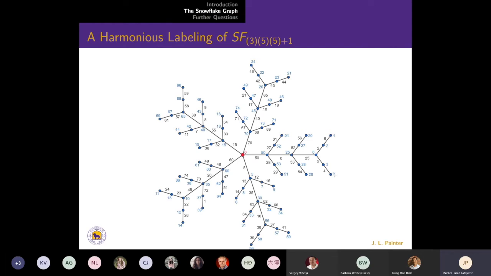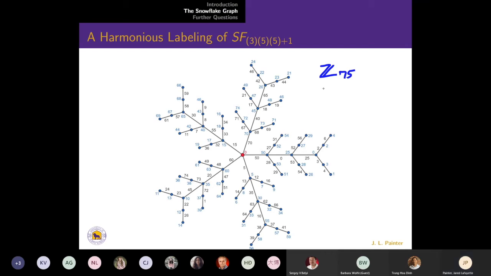So this is the example here where we actually have a harmonious labeling of this snowflake graph SF(3,5,5)+1. I mean, I guess don't stare at this too long, but if you think about this, we're working in Z mod 75, and this is kind of my last big example.